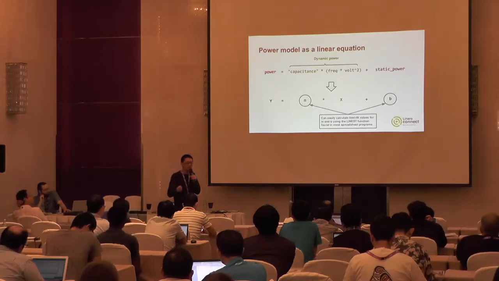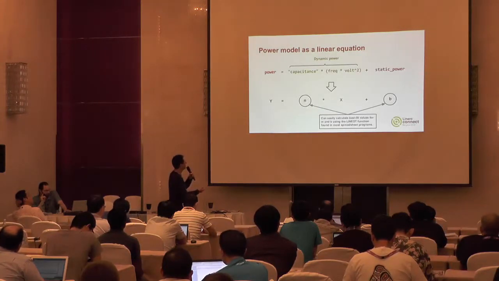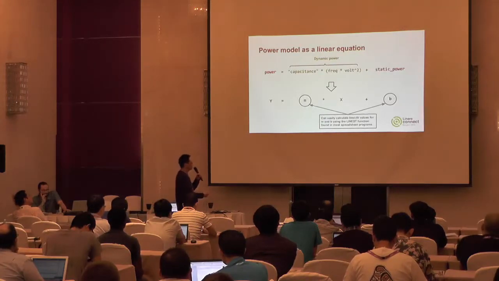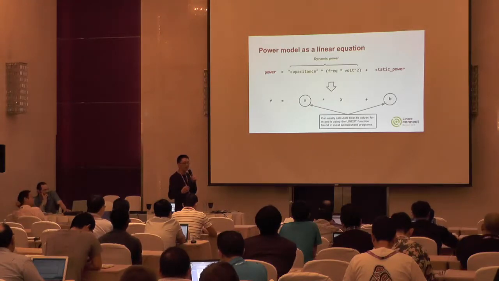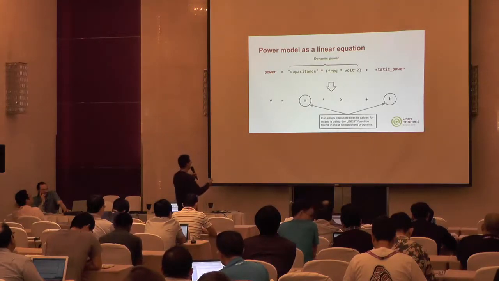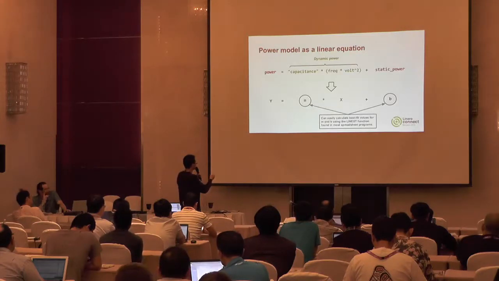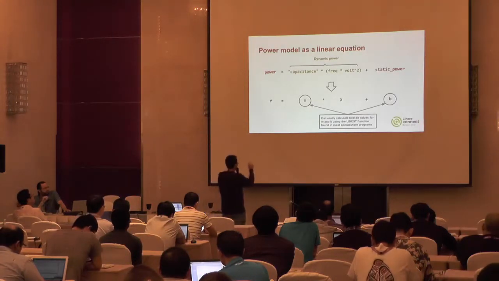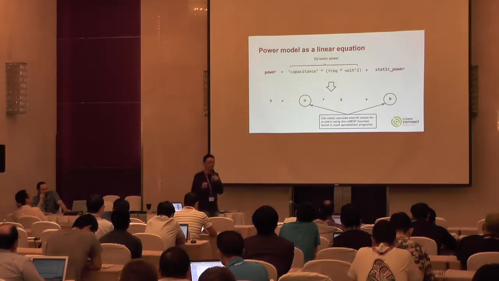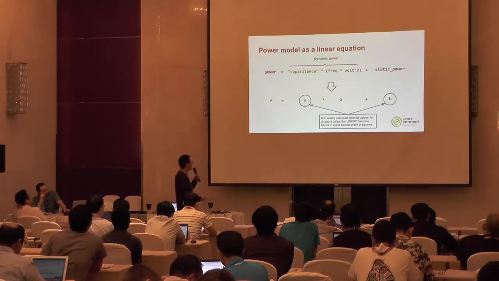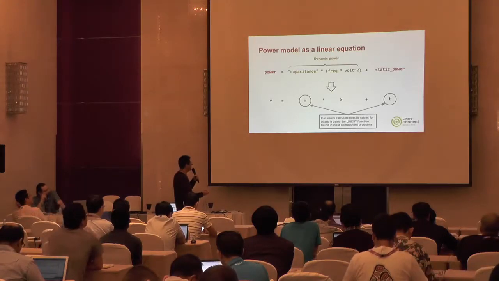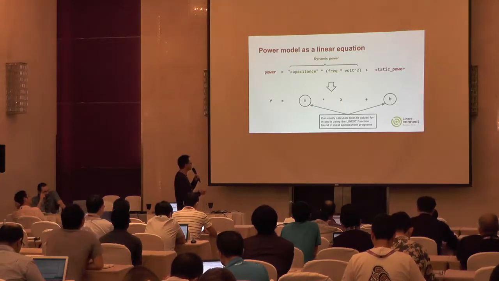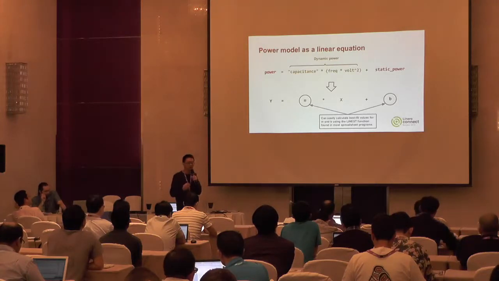This way, we can simplify it as a linear equation, or we can apply linear regression on the measured power data. The equation can be simplified as y equals m x plus b, where m and b are constant values. We can use the linear regression functionality in most spreadsheet programs to do the calculation.